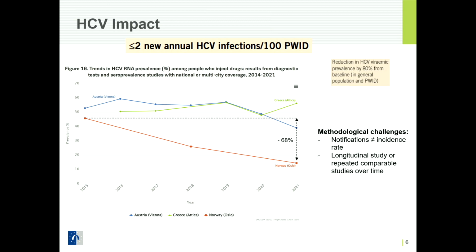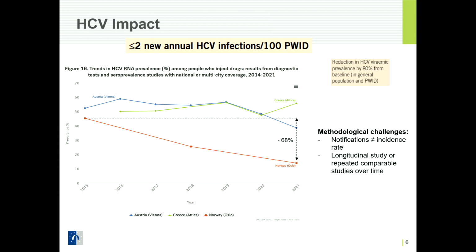We have studies that actually estimate incidence, and we'll have an example from Greece and Stockholm in a few minutes. But we rely more on monitoring prevalence of viremic infection over time, and actually that's the proxy WHO indicator for that particular indicator, and the target is that there should be a decrease of 80% by 2030 of viremic prevalence among our key population.